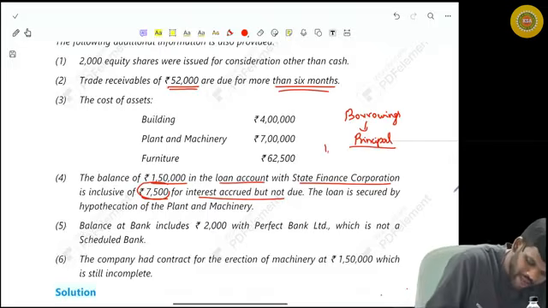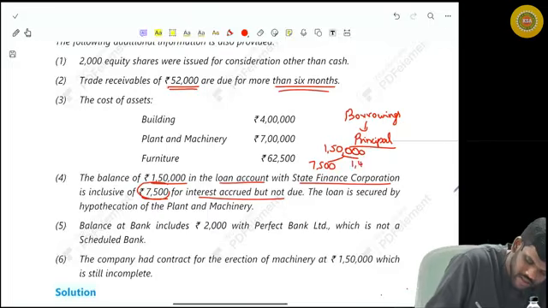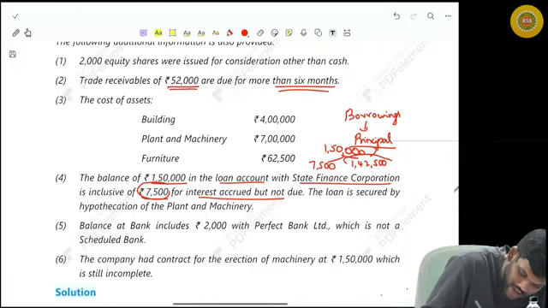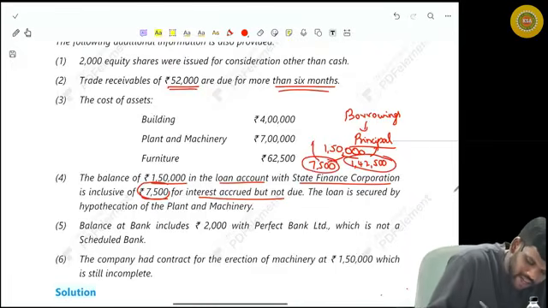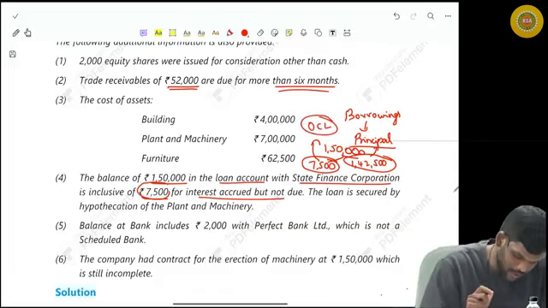So in 1,50,000, 7,500 is outstanding interest. 1,42,500 is principal. Now under borrowings, this 1,42,500 only should come. This remaining 7,500 will come under other current liabilities. So ensure you disclose it properly.